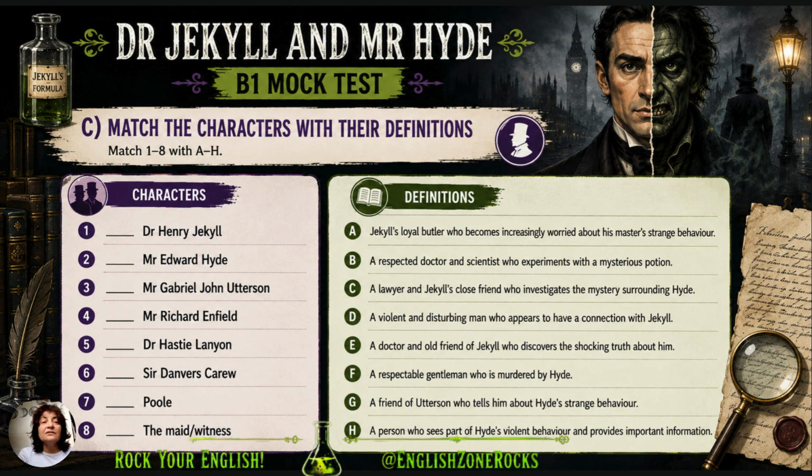A violent and disturbing man who appears to have a connection with Jekyll. A doctor and old friend of Jekyll's who discovers the shocking truth about him. A respectable gentleman who is murdered by Hyde. A friend of Utterson who tells him about Hyde's strange behavior.